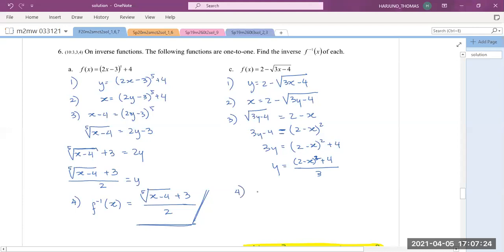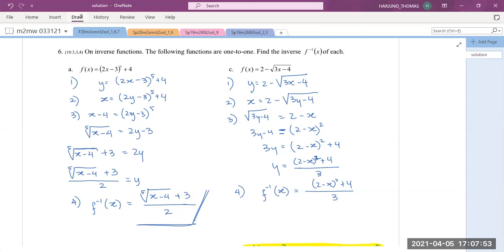I still have the inverse as a function. The problem is something is not right here, because this function is not one-to-one. While we know if a function is one-to-one, then the inverse is a function and also one-to-one.